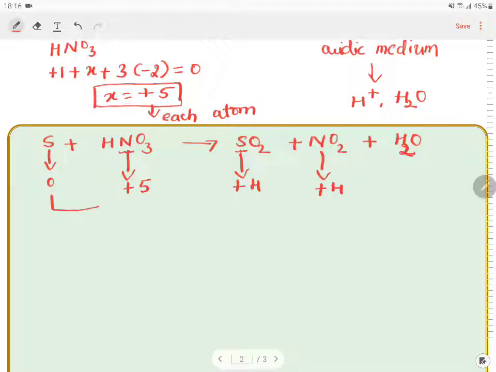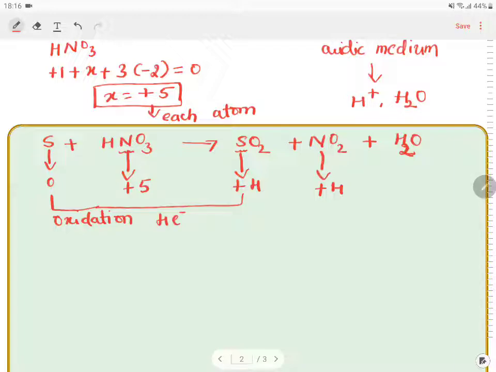Now it is getting converted into sulfur dioxide. Therefore, 0 to +4 is increase in oxidation number. Increase in oxidation number is nothing but oxidation. That is one of the definitions of oxidation. And also you find out how many electrons are changing. 0 to +4, therefore it is 4 electron change.